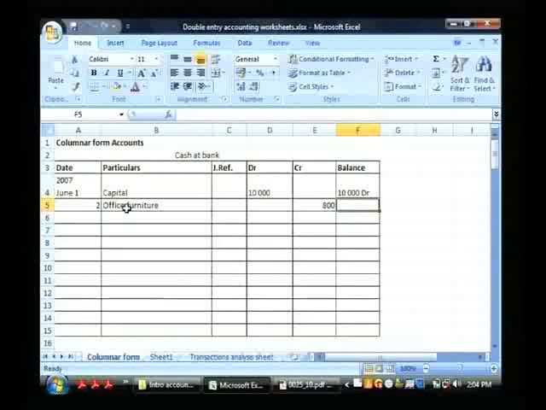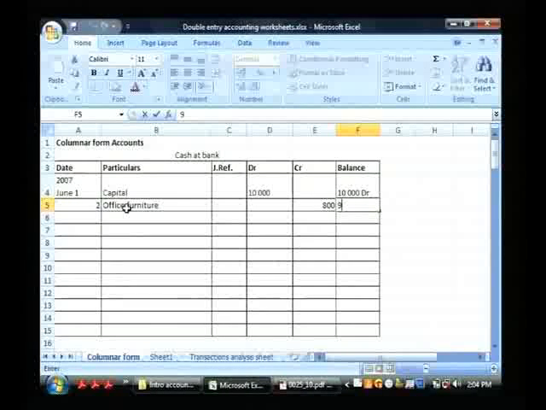Now the balance is debit 10,000 minus 800 means 9,200 debit. Still debit is more. Debit value is greater than the credit amount, therefore the balance is 9,200 here.